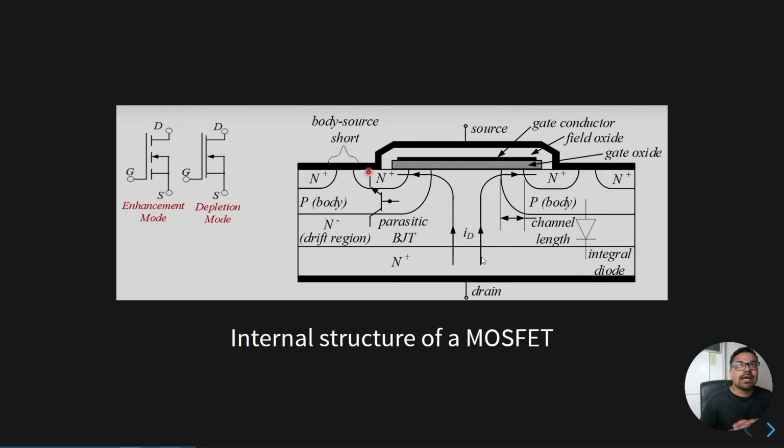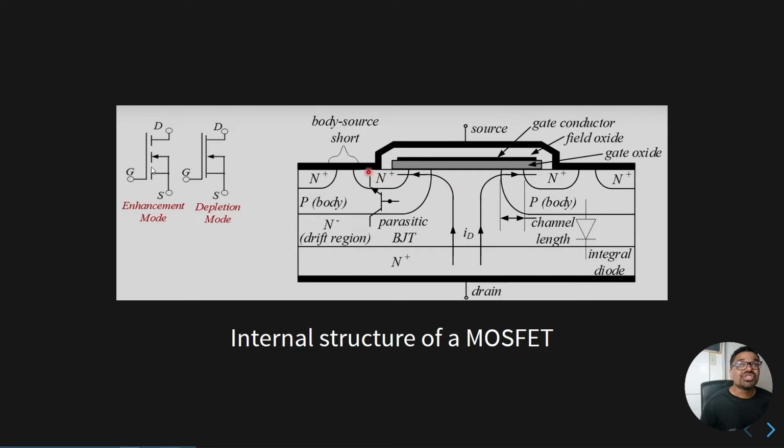The voltage you apply at the gate terminal will determine how much current can flow from drain to source, or what resistance your drain to source might have, and whether it will conduct like a short circuit or dissipate a lot of loss. All of that will be described in future slides in this video.